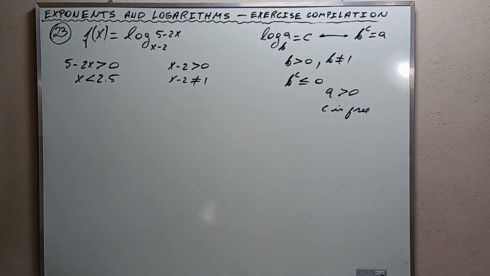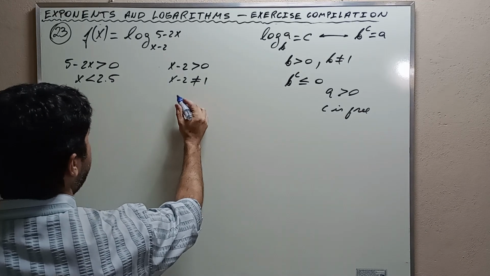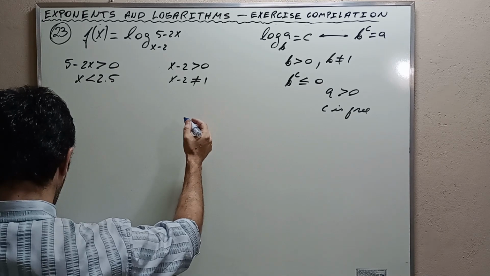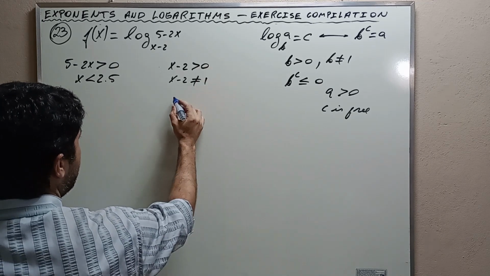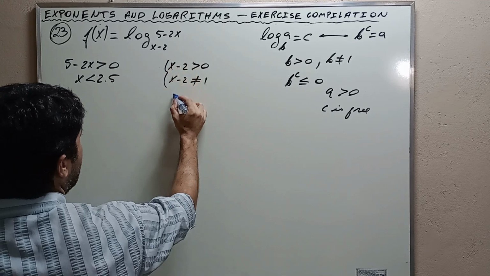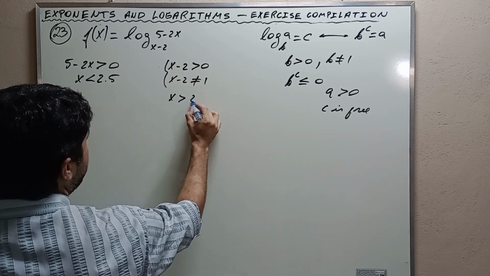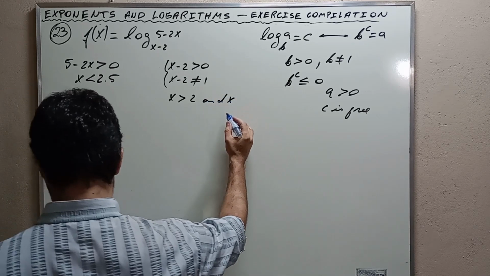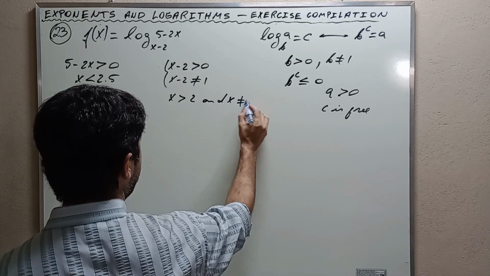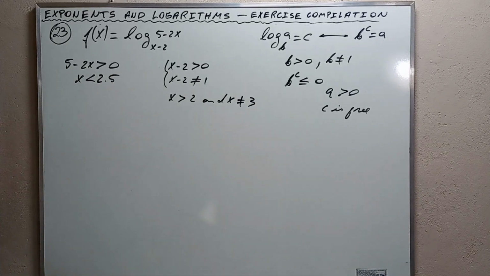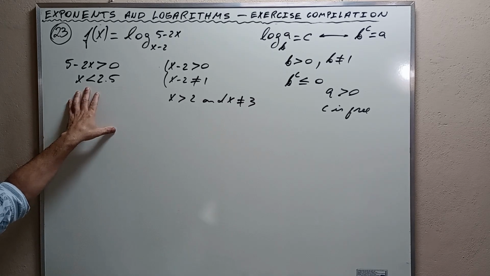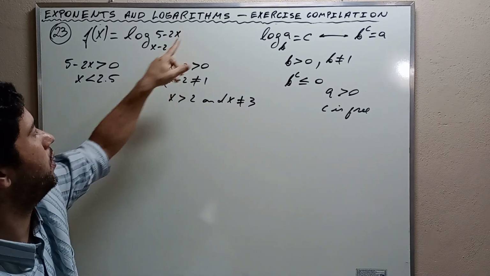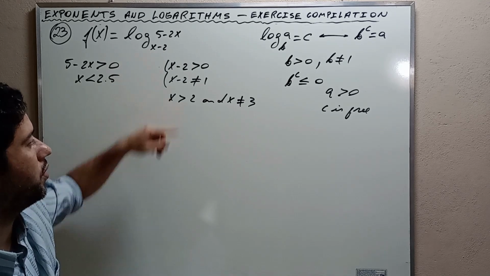Okay? And in this sense, we find that the base has to be greater than 0, x has to be greater than 2, and x has to be different from 3. This is the condition, okay? This is the condition for this number here, and this is the condition for this number here, the base.